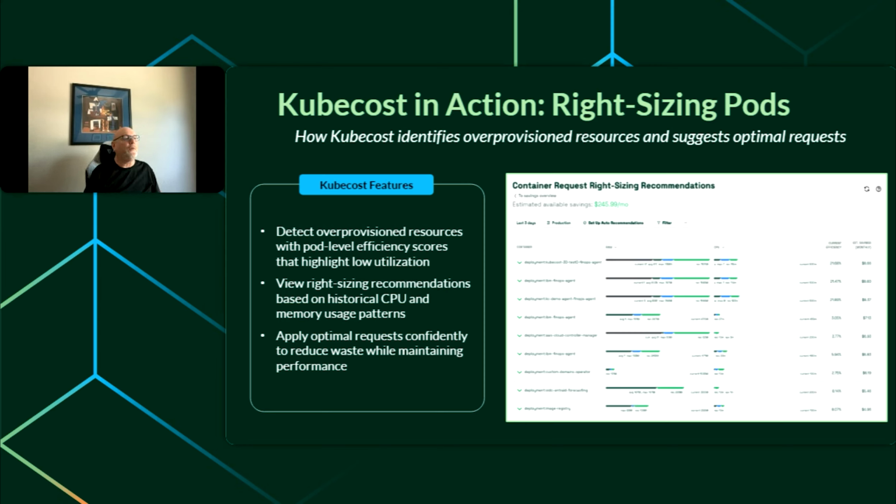Those represent resources that are appropriately provisioned. But where we see these light gray bars, this represents resources that are over provisioned. We have an efficiency score that goes with that. This is that idea of wanting to audit these to make sure my workloads are still as efficient as they were when I provisioned them. And so we can highlight workloads that are over provisioned.